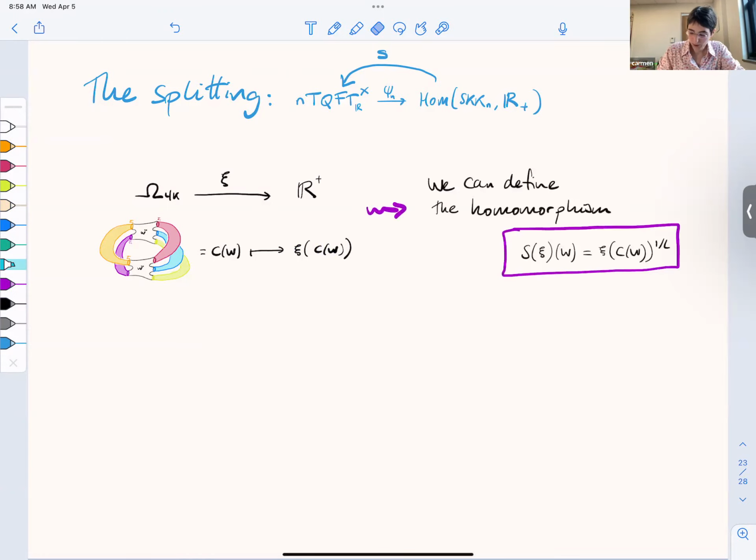Good. So this allows us to define a homomorphism by saying, well, you had your invariant in cobordism, but it also lives in there. You look at what that invariant looks like under this, and then you're evaluating that on this W manifold. On that W manifold, yes.